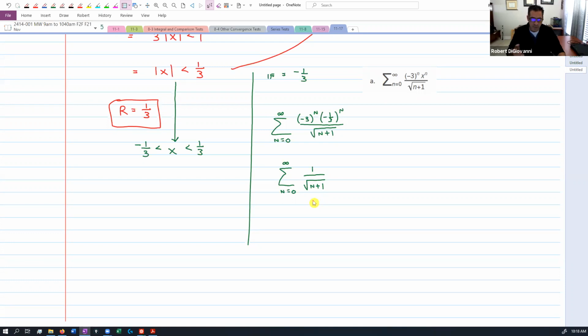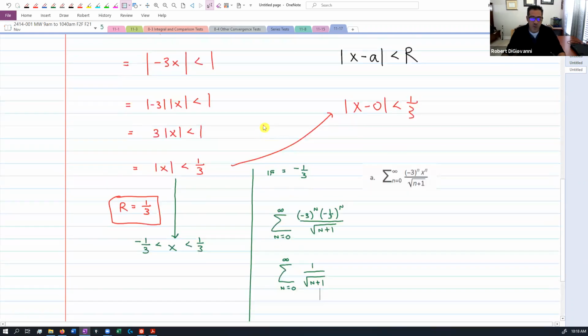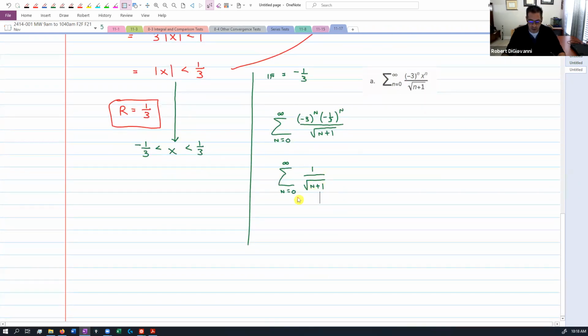Here's what you don't do. You don't do the ratio test. You'll never use the ratio test to test the endpoints. The reason why is because we already know that if you run the ratio test, you're going to get 1. Trust me, if you run the ratio test on this, you're going to get the limit to be 1, which means it fails. So you're going to have to use some other test.